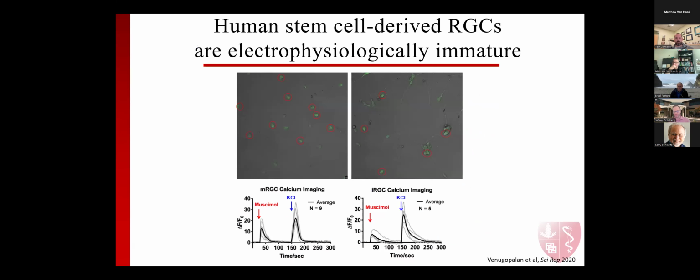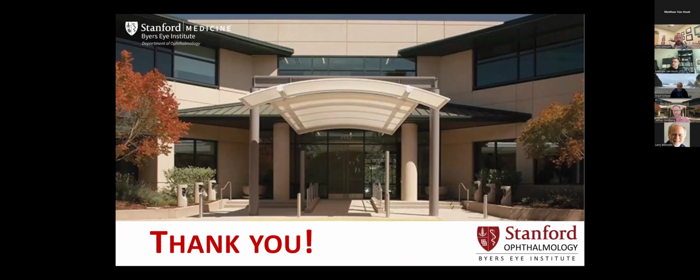And again, these data are all published now. But I think this points to the importance of doing some of these experiments really head to head, across severities of disease, across donor cell types, etc.